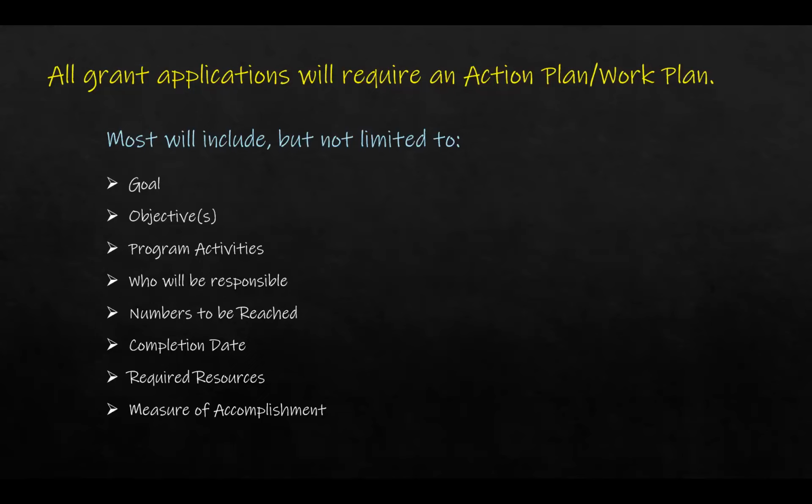So most of them will include, but will not be limited to, showing what your goal is, what your objectives are, if you have more than one objective, what program activities you have planned to do in order to meet your objectives, who's going to be responsible for completing those, the projected numbers of individuals to reach with your activities, your completion date, any required resources you're going to need in order to do that activity, and what your measure of accomplishment is going to be for the activities.